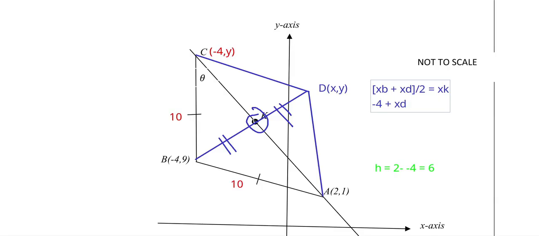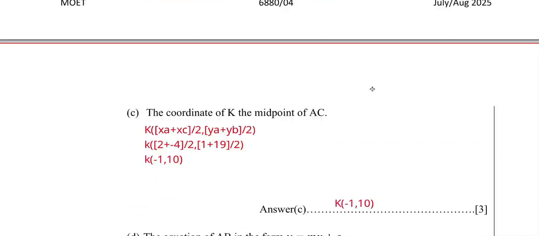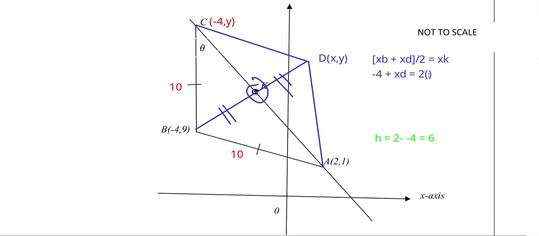Multiplying by 2 on both sides, this is equal to 2 times XK. X at K, we calculated to be -1, comma 10. Then if you add 4 on both sides, X at D is equal to -2 plus 4, so XD is equal to 2.